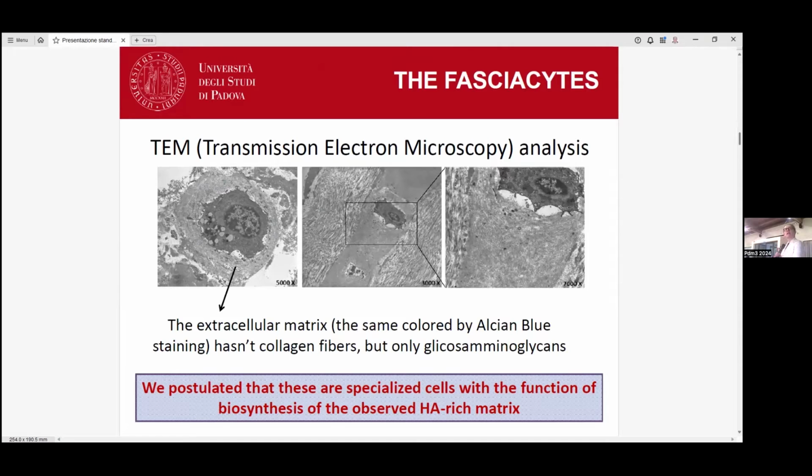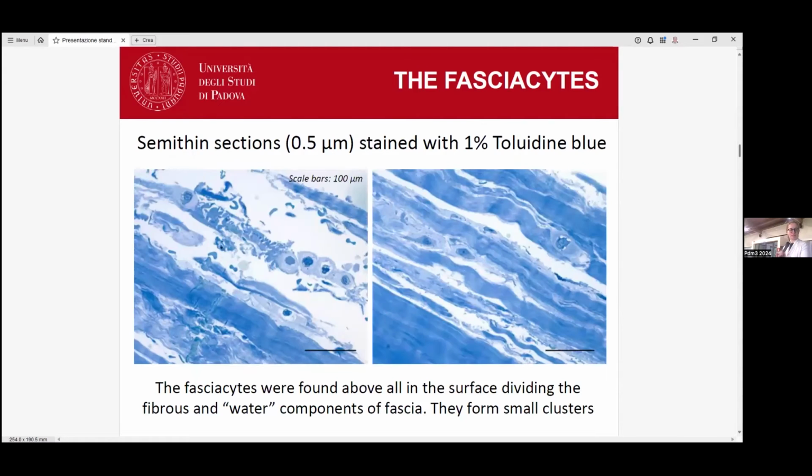On the contrary, the fibroblasts produce above all collagen fibers and elastic fibers. So probably they derive from the same progenitor, but then according to the location, the mechanical input, or I don't know what it could be, they can divide into two different types of cell, one more devoted to the production of hyaluronan and the other of fiber, collagen and elastic fiber.